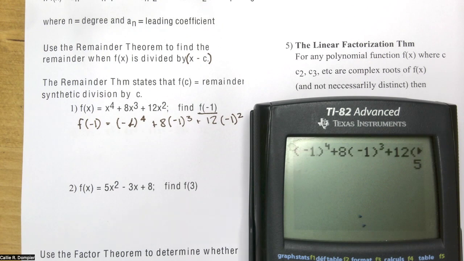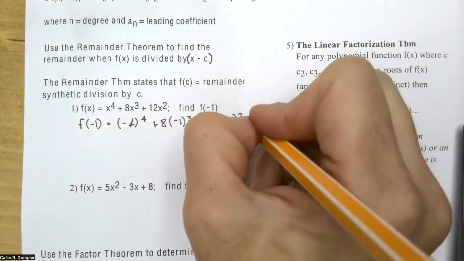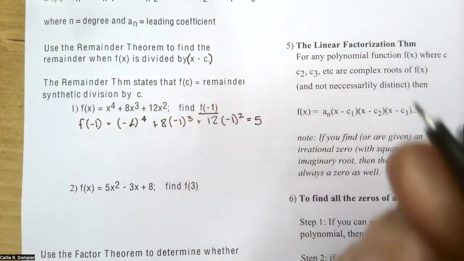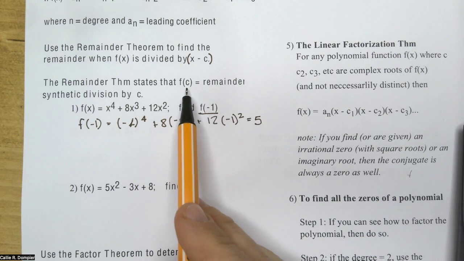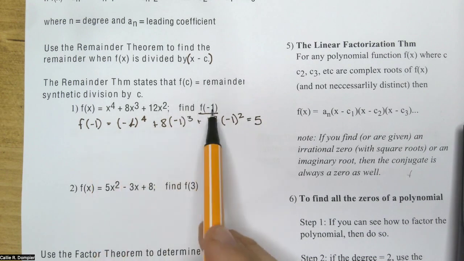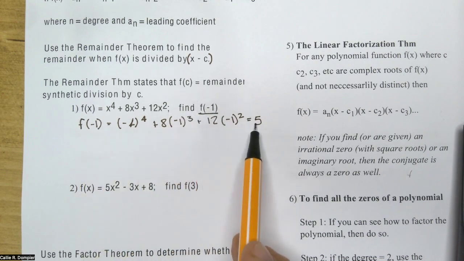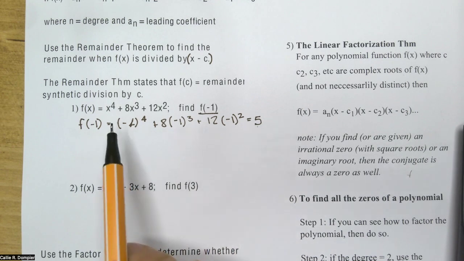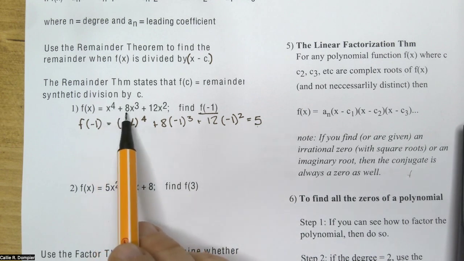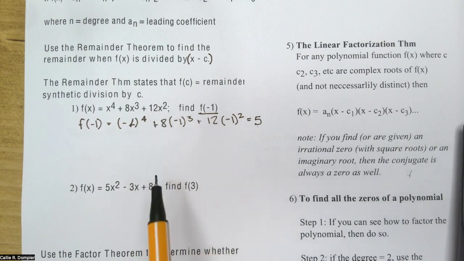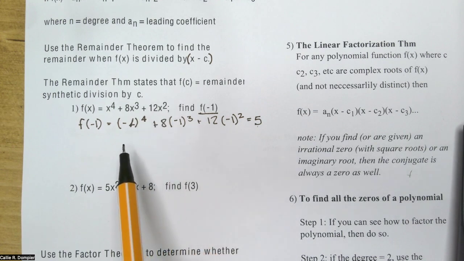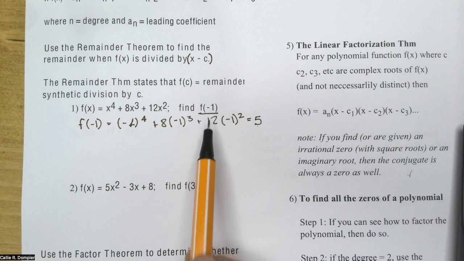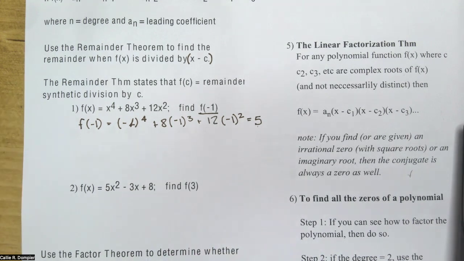The answer we get is 5. So f of c, or f of -1, is equal to the remainder if we had taken x to the fourth plus 8x to the third plus 12x squared and used synthetic division and divided it by that c, by that -1. So that's the other way we're going to do it. We're going to get the same answer, okay?